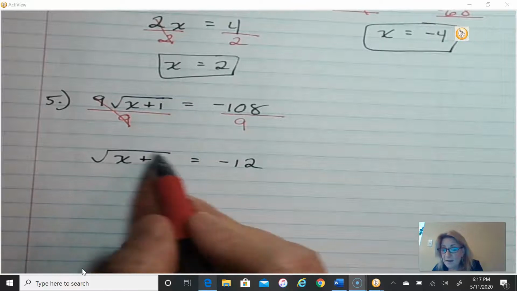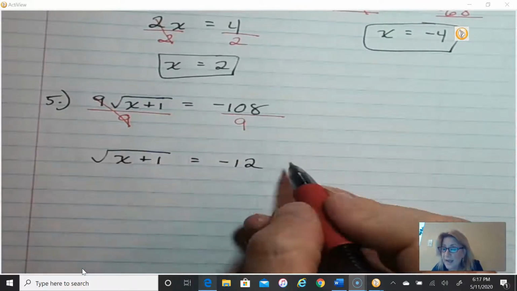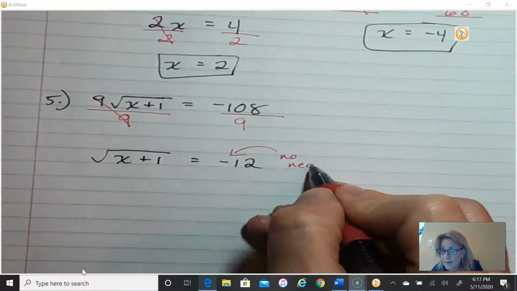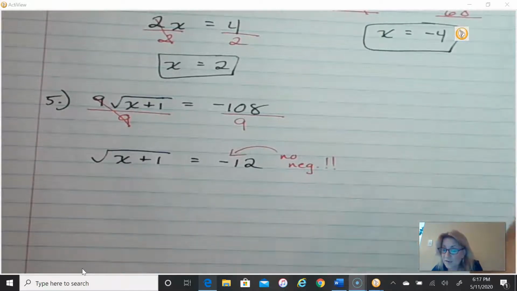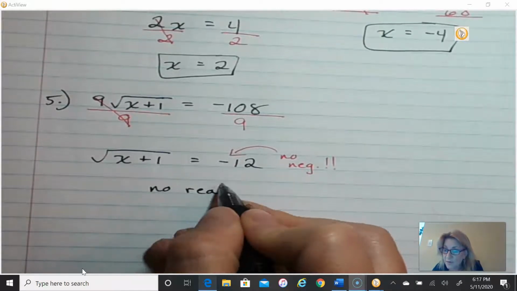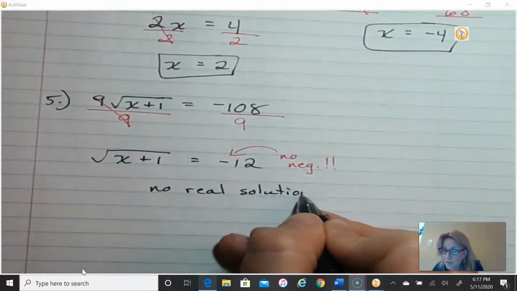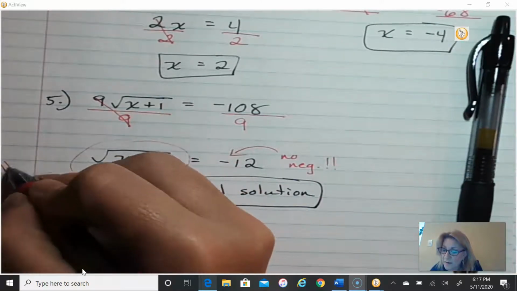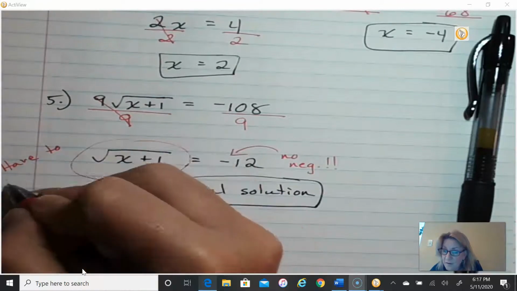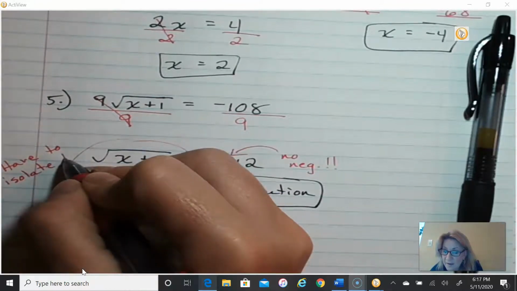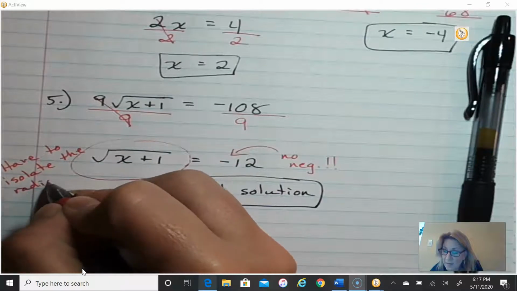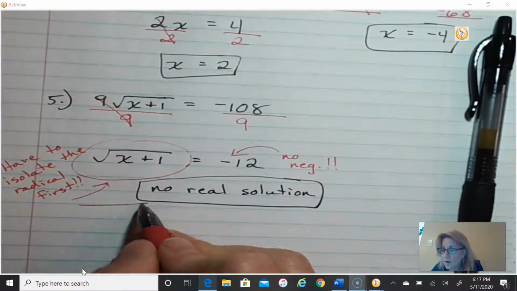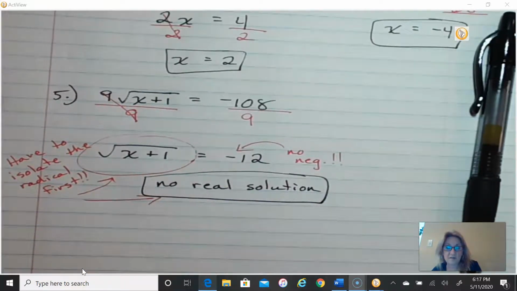Now, we have isolated this radical, okay? And now we can see there's a negative here. So then the answer to this is no real solution. But you have to isolate the radical first before you know it's no real solution.